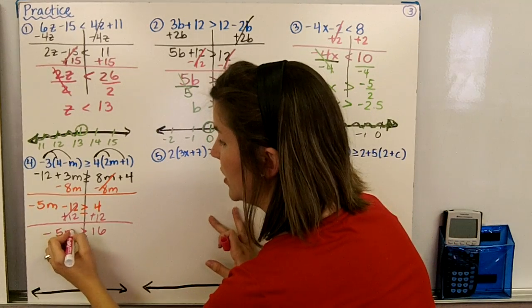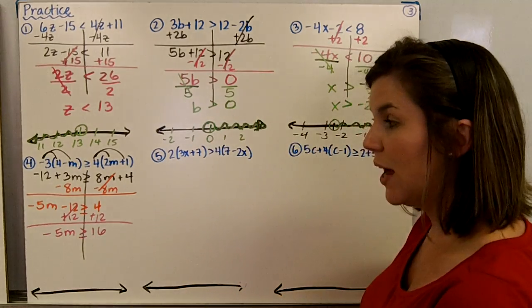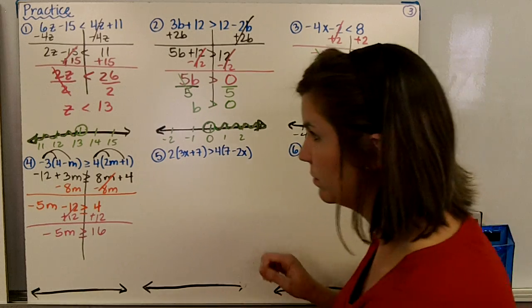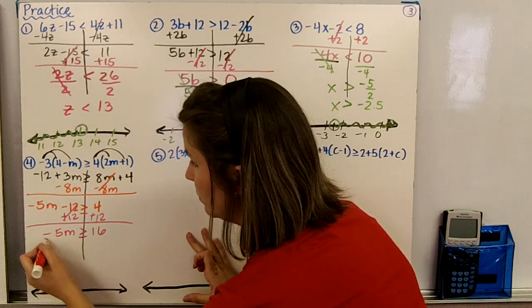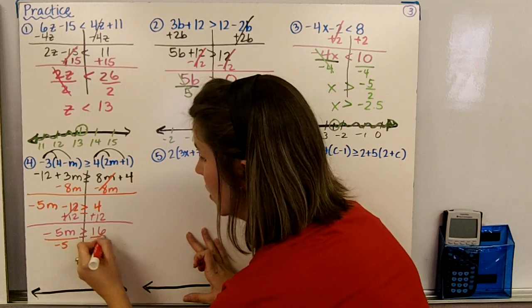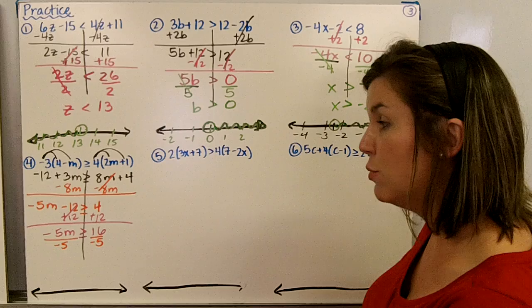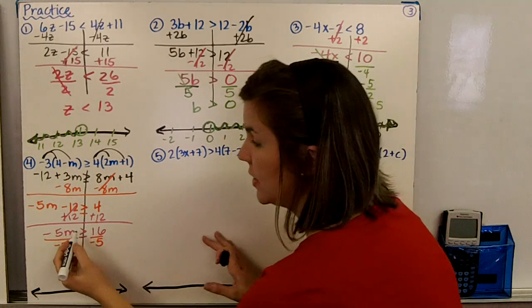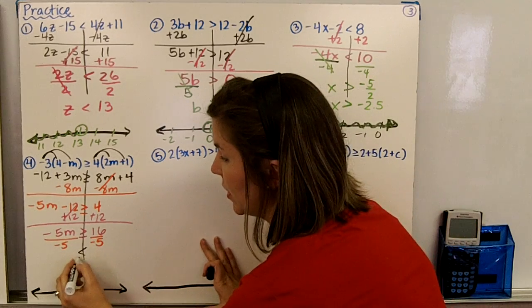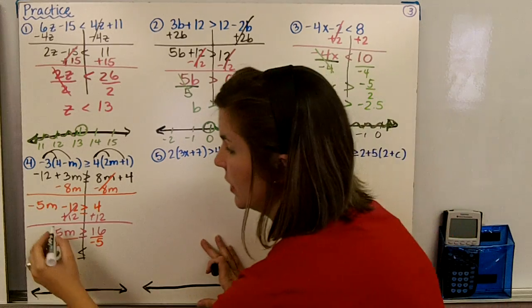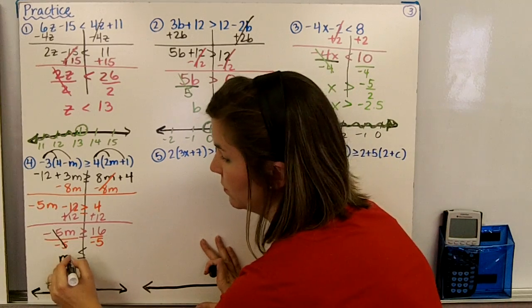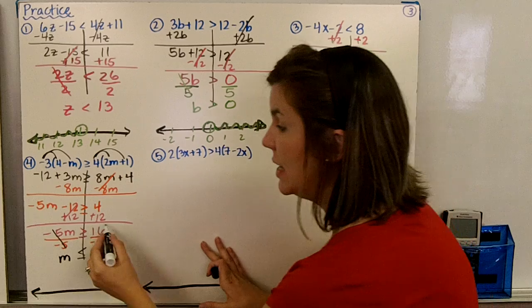Negative 5m carries down. Divide both sides by negative 5. Again, I divided by a negative, so you must flip the sign. Instead of greater than or equal to, it becomes less than or equal to. The negative 5's cancel. M is now by itself.